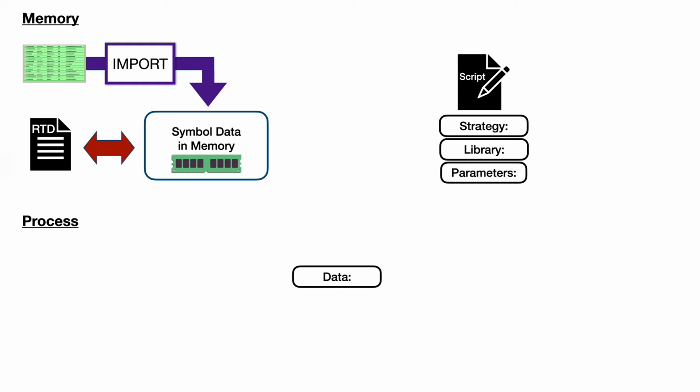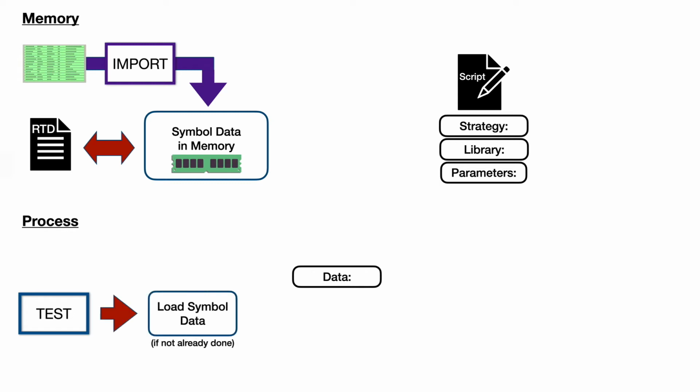So when you decide to start a test, you click the test button, and RealTest does the following. First of all, it checks to see if it has the symbol data required for all the stocks in memory, and if it's not in memory, then it loads it from the RTD file. Secondly, if you've defined a data section, it then calculates all the data section in one go, rather like when we were adding the extra columns into the Excel sheet that we saw before.